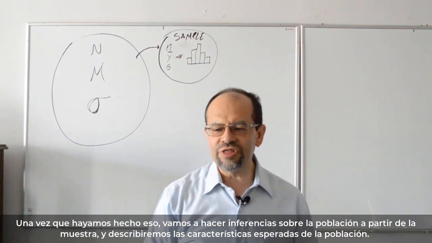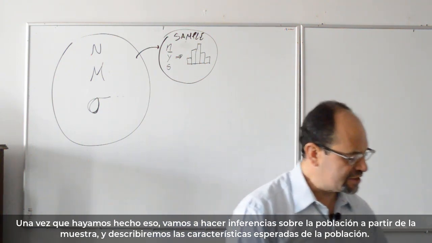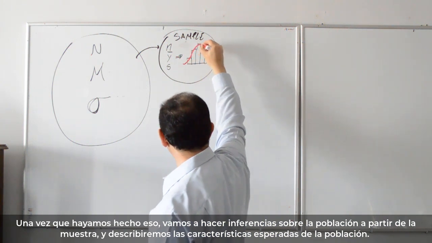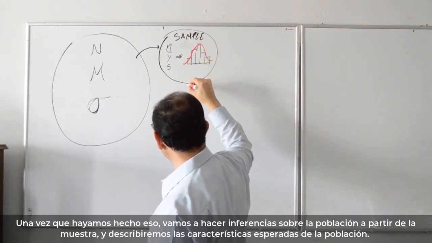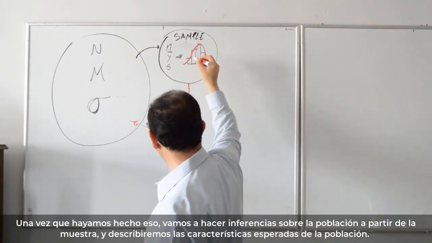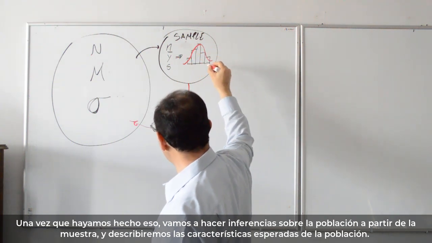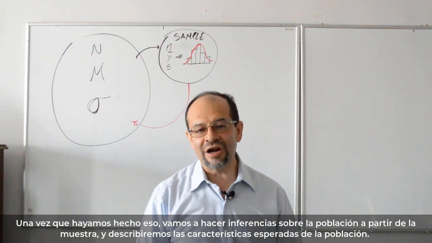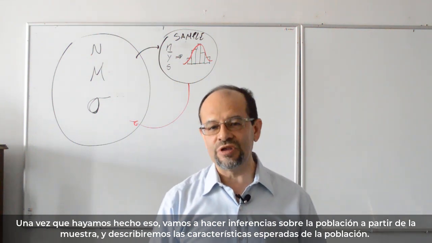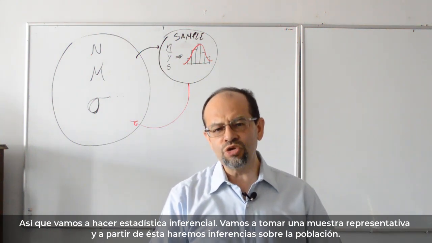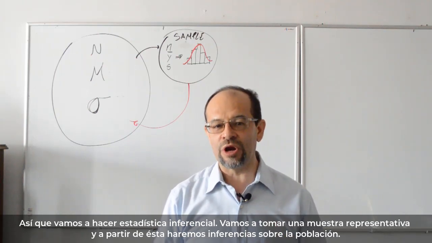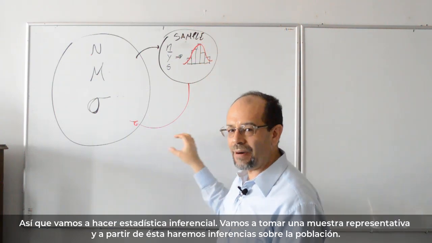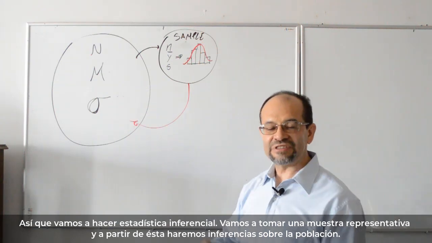Once that we have done that, we are going to do inferences about the population, from the sample, and then we are going to describe what are the expected characteristics of the population. So we are going to do inferential statistics: take a sample, and make inferences about the population from this representative sample that we are taking.